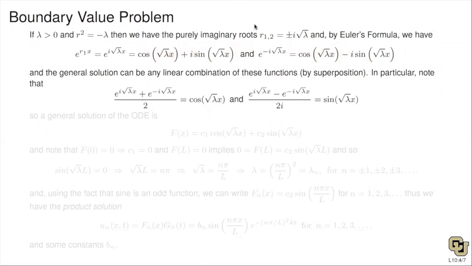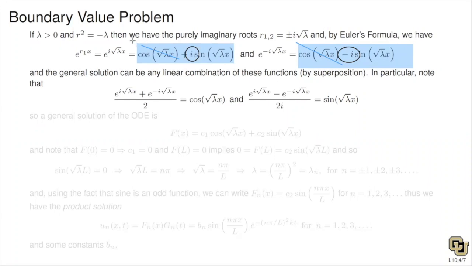So once again, I'm going to do e to the i lambda x, the Euler's version of it, minus e to the minus i lambda x. And now when you subtract, the cosines cancel and you get 2i. So here, be careful. There's this complex number here, and it's positive 2i, not negative 2i.